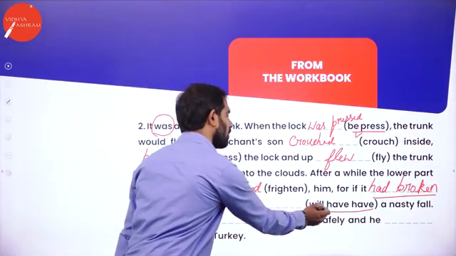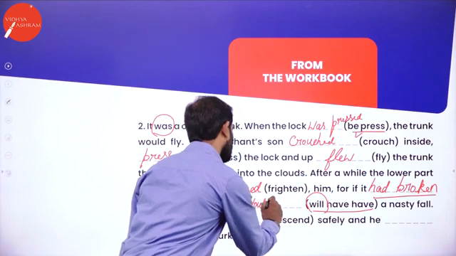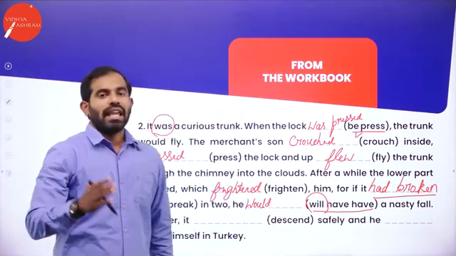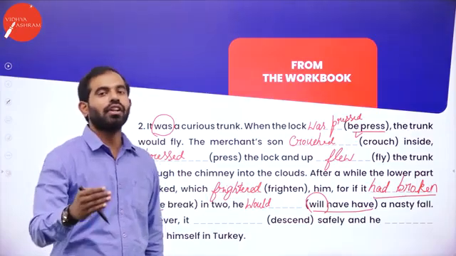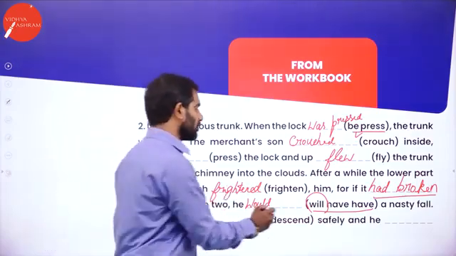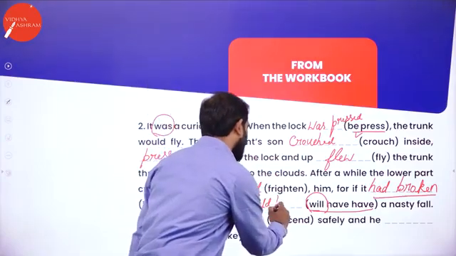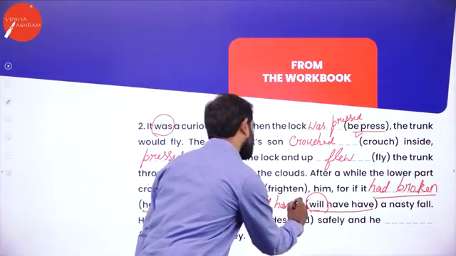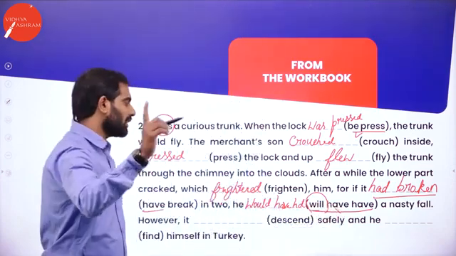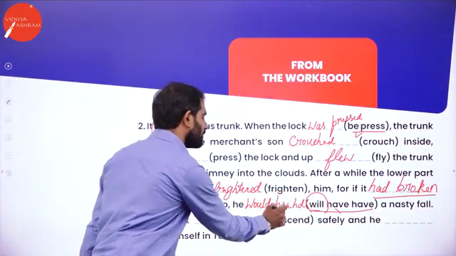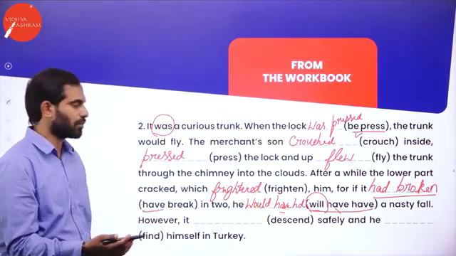Will, let us change one at a time. Will becomes would, he would. Now in past perfect continuous or past perfect, we use both halves at times. Would have had. One half will remain the same. Now let us try to remove this half here. Would had a nasty fall, it doesn't make sense.